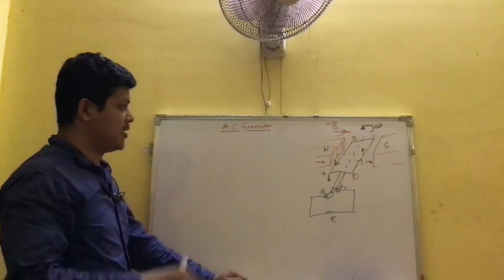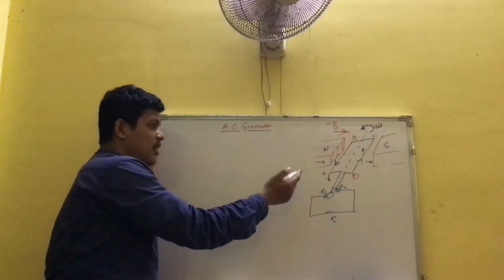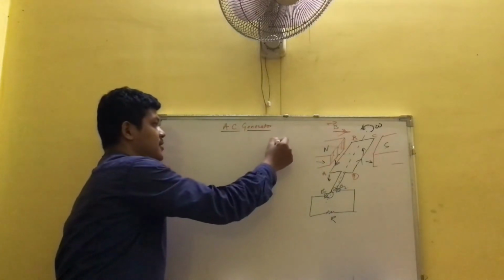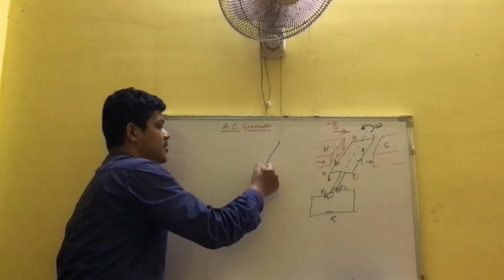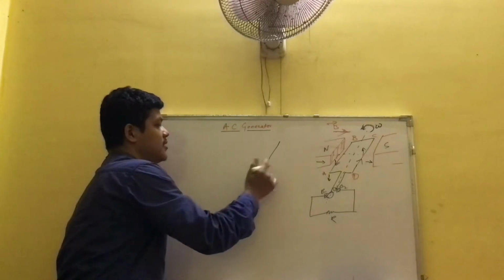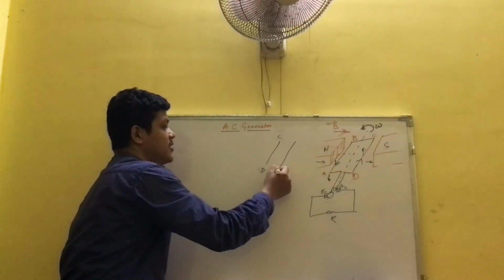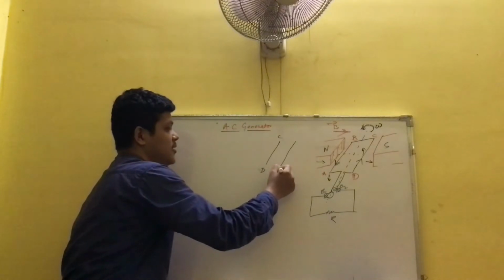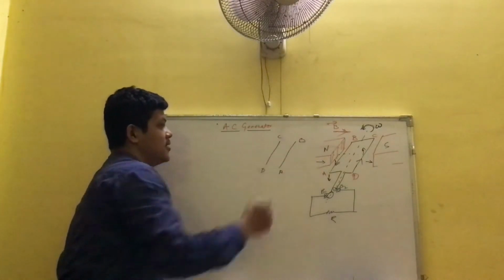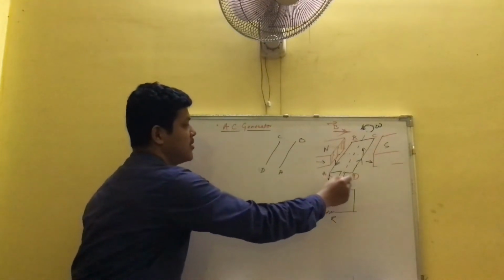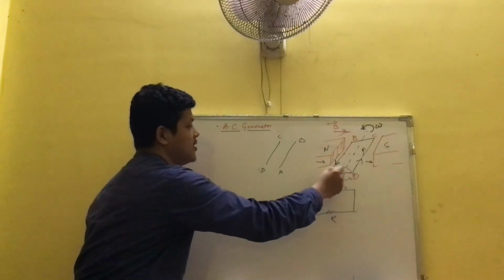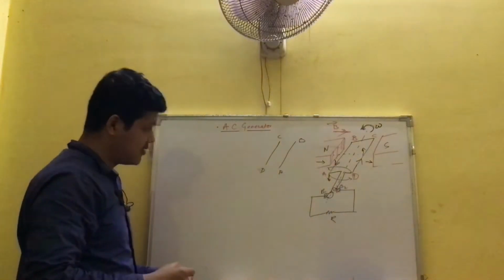Now you see, after completion of half a cycle, the CD arm and AB arm will be on the opposite sides. This AB arm goes to that side and this comes to this side, right?